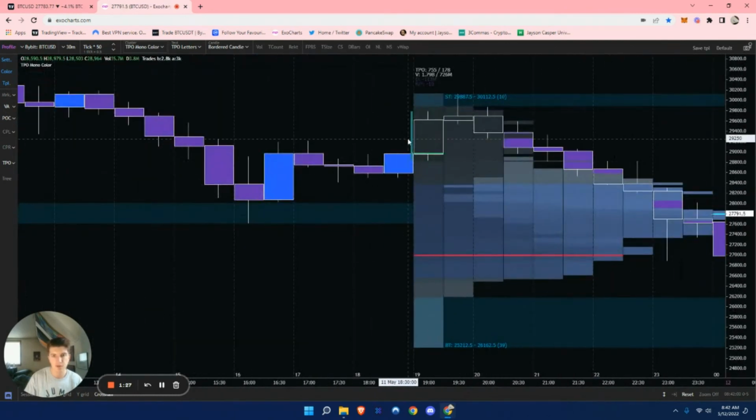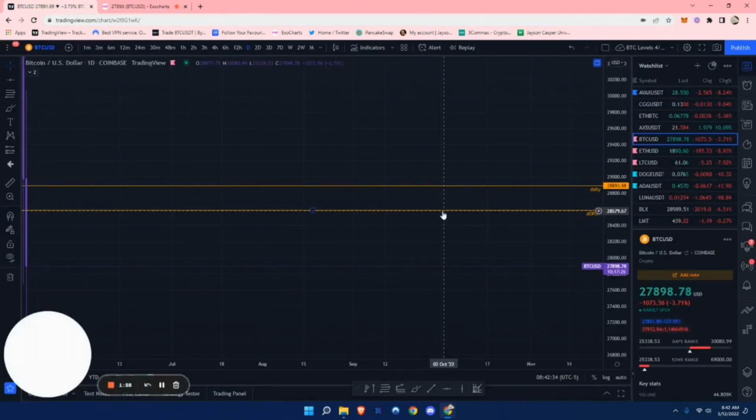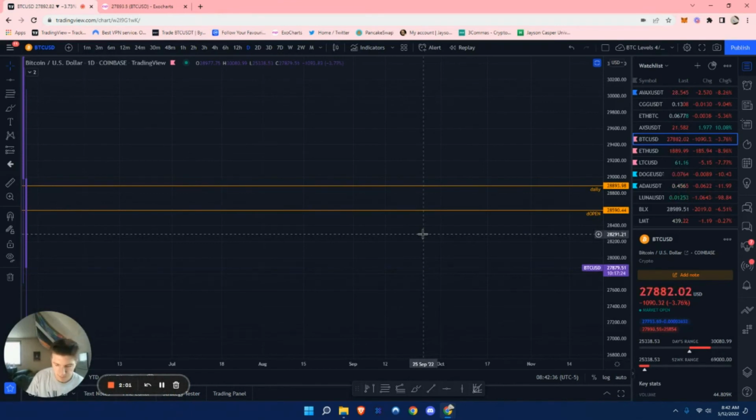It's typically the bluish line you see on an ExoCharts TPO chart, and it represents the first 1 hour of trading within that fresh new daily candle open. If you see people talking about initial balance, that's what they mean. It's typically the first activity of buyers and sellers within the market, and the range at which it moves.